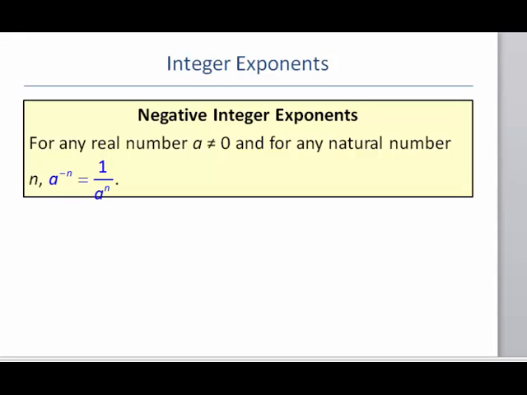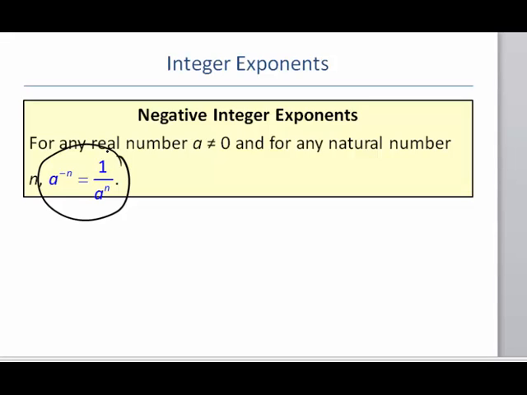We also have a rule that helps us to deal with a negative exponent. And so look right here, it says that a to the negative n is the same thing as 1 over a to the n.